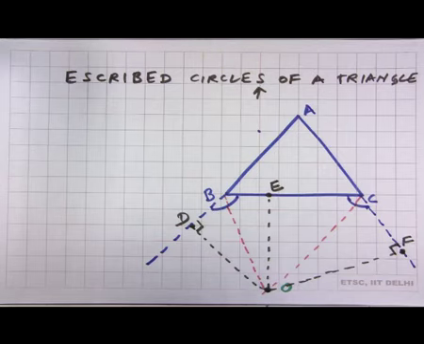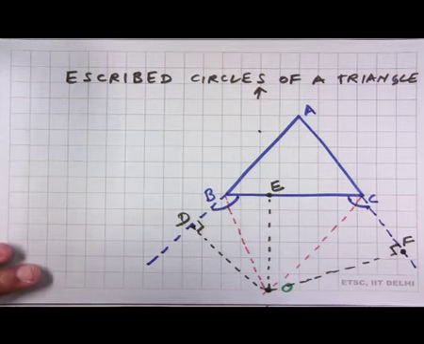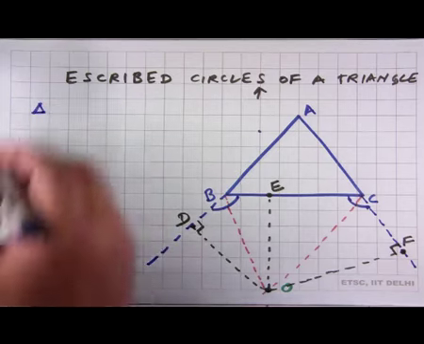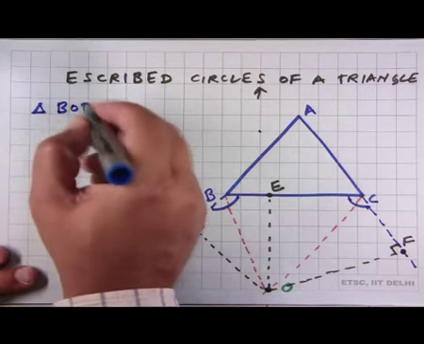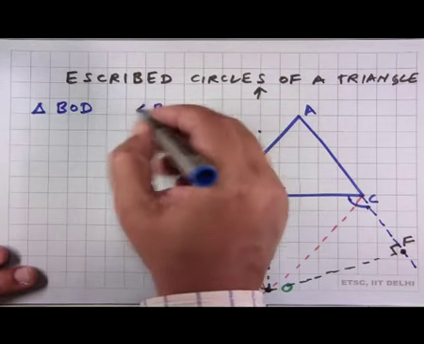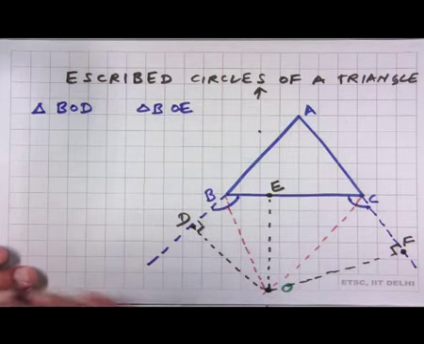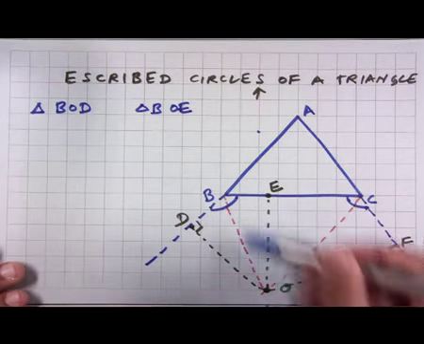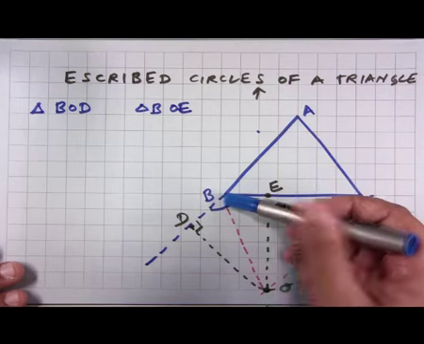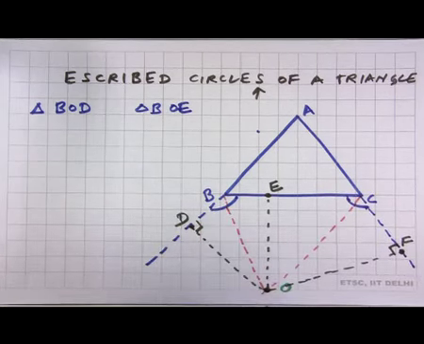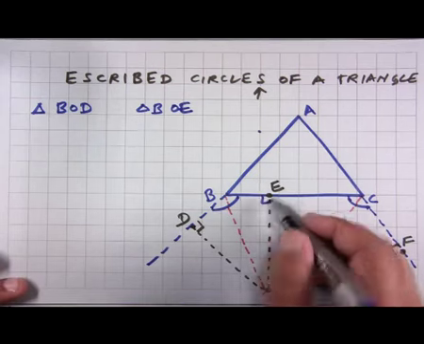And we will now consider two triangles. Let us start with the triangle BOD and the triangle BOE. For both these triangles, what we see is that they have a common side OB. The angle BDO is equal to the angle BEO, since both of them are 90 degrees.